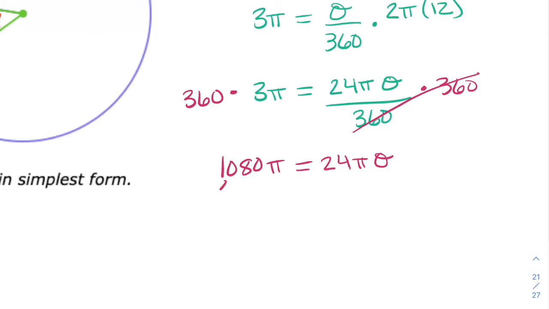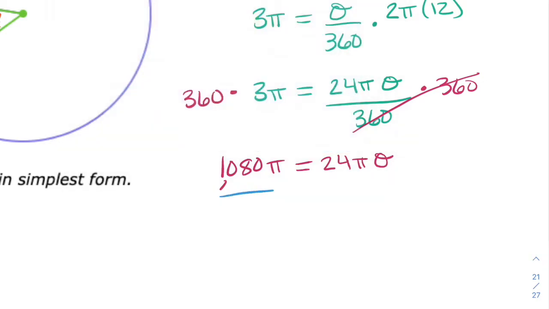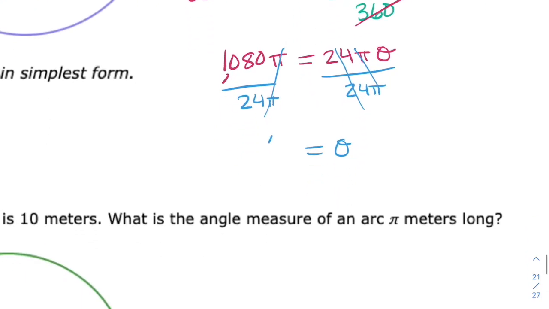And this is all multiplication. So now I'm going to divide both sides by 24 pi. So I get theta equals, pi divided by pi goes away, 1,080 divided by 24, which is 45.